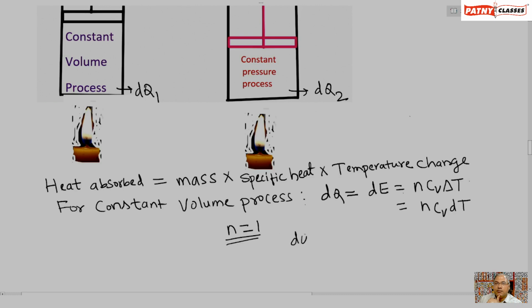Therefore dQ1, the heat absorbed by the gas in the constant volume process, equals Cv multiplied by dT. Call it equation number 1.